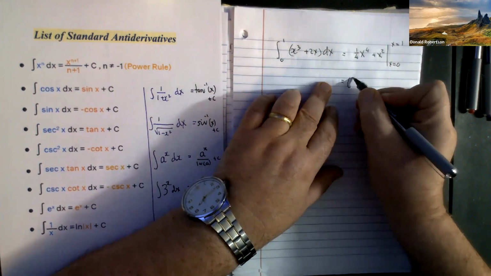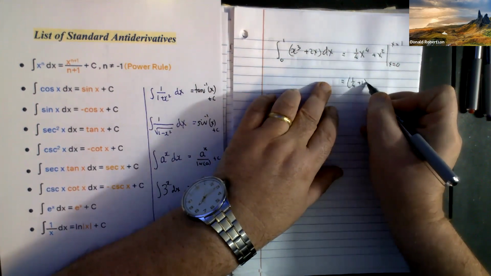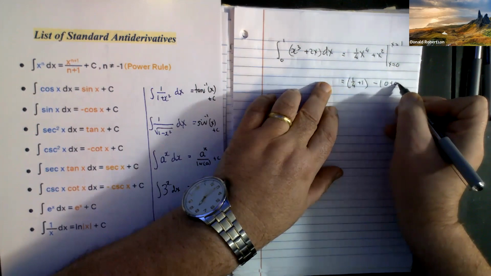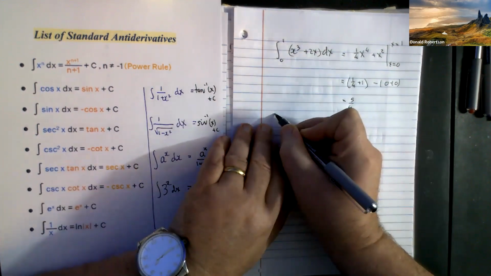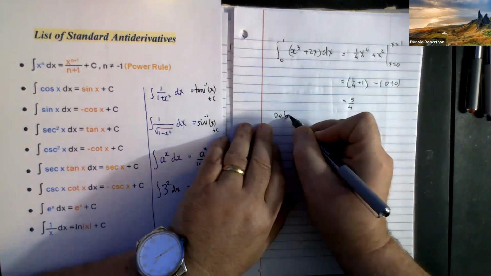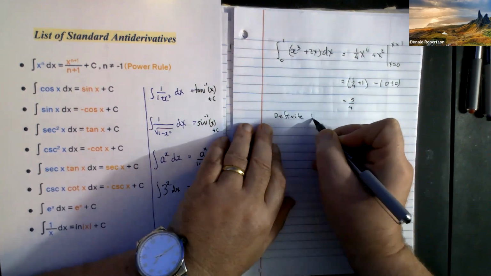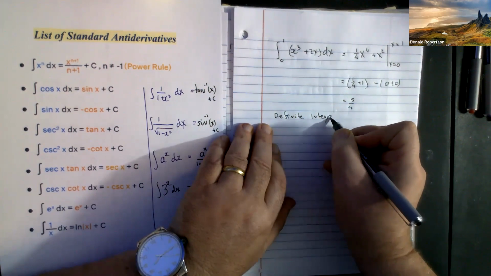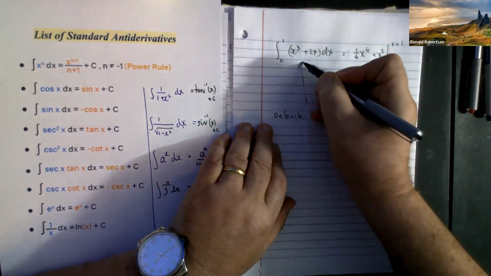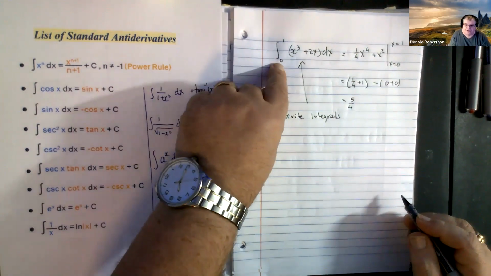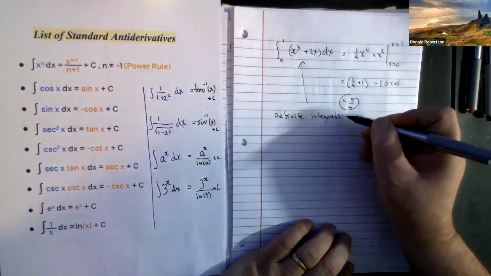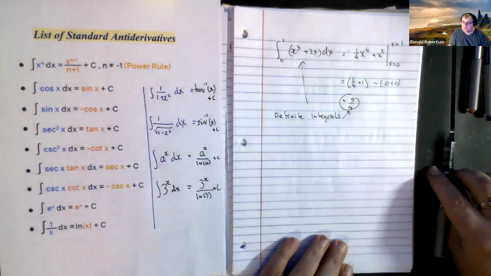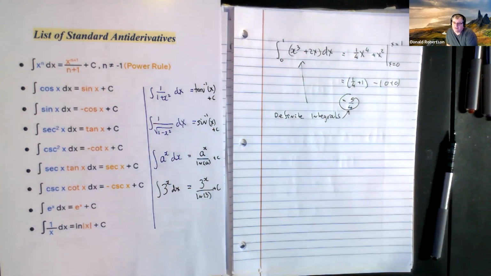In this case, you would get 1/4 plus 1, take away a whole load of zeros, and the answer would be 5/4. We call these definite integrals. A definite integral has limits of integration. There are numbers here and here. With a definite integral, you always get an answer, which is a number. Even if that number is 0 or negative, it's still a number.